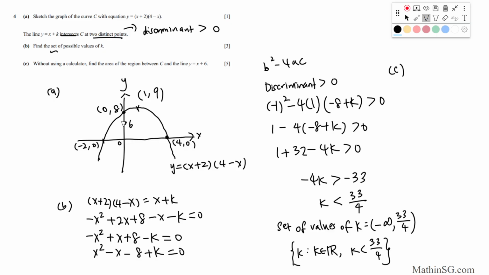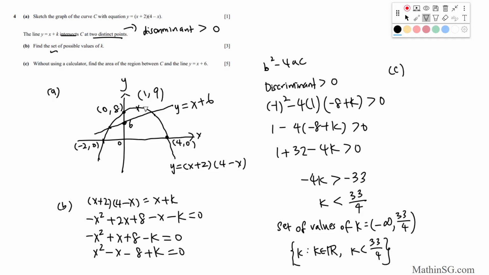Okay, this is 6. So using the GC, it should be somewhere here. And 2. So we cut somewhere here. Okay, y equals to x plus 6.